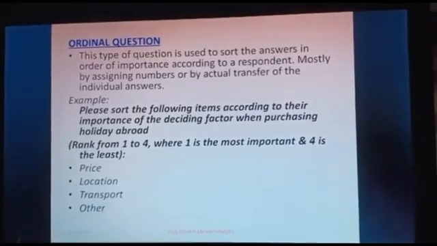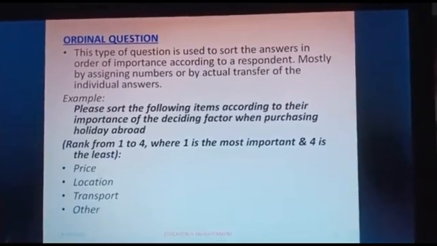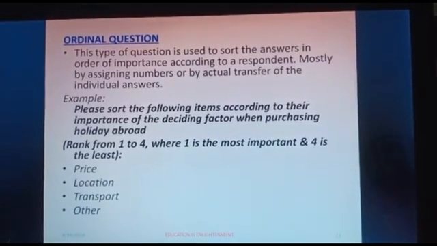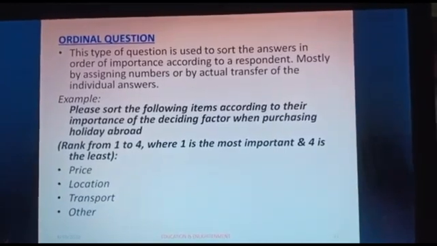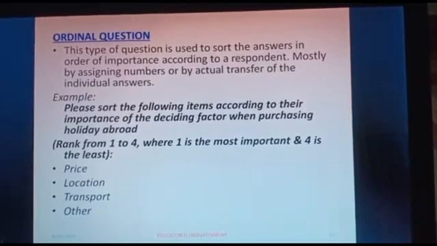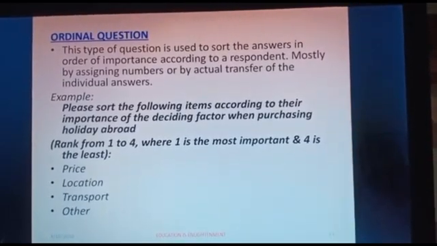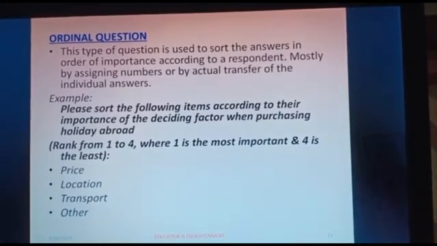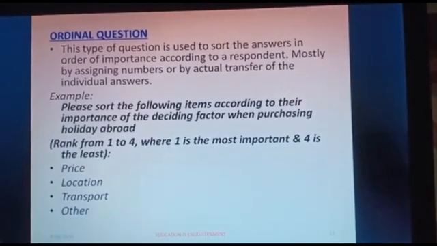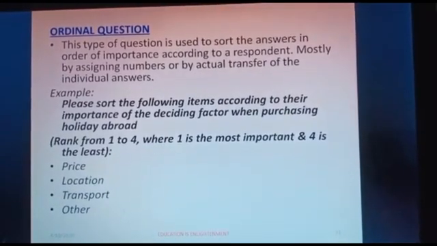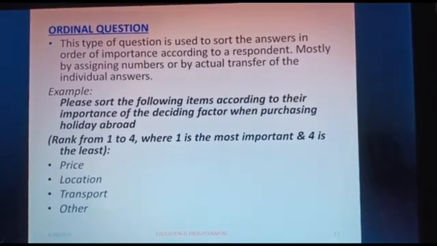Finally, we have another type of question in the questionnaire which is known as the ordinal question. This type of question is used to sort the answers in order of importance according to a respondent, mostly by assigning numbers or by actual transfer of the individual answers. Let us take an example. There may be a question, please sort the following items according to their importance or deciding factor when purchasing a holiday abroad.